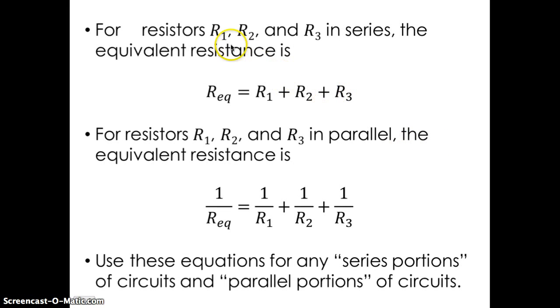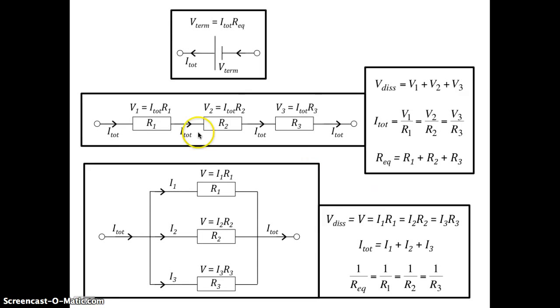So if we have resistors 1, 2, and 3 in series, here's how you calculate the equivalent resistance. When they're in parallel, this is the equation for equivalent resistance. And we can use this for any portion of a circuit in series and any portion of a circuit in parallel. So here's a big, nice chart which summarizes everything we know.